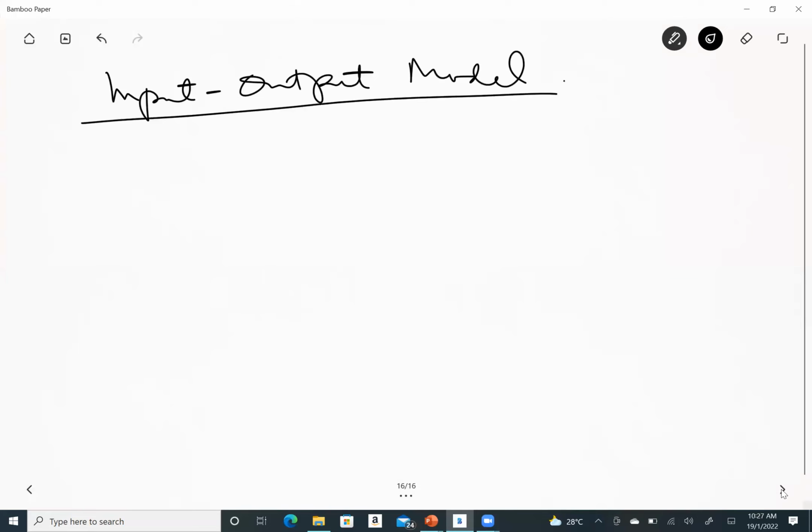This is called the input-output model. What is it about? This is about the macroeconomy, a macroeconomic application.